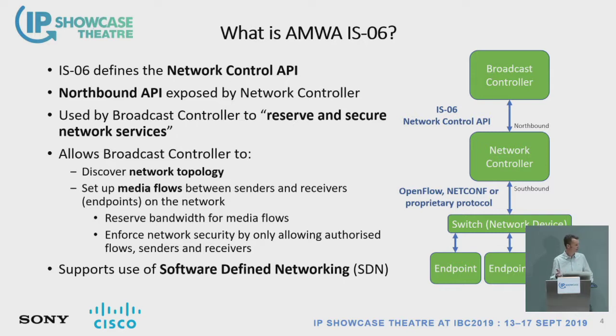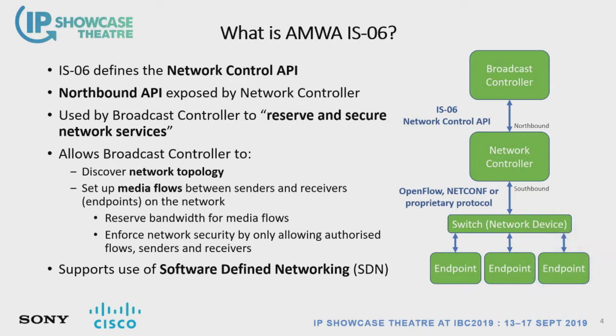It can set up flows between switches. It's bandwidth aware of what's going on. It can authorize flows to be set up on the network. And in order to control the network, a broadcast controller has access to that network controller over the IS-06 API. So that API is northbound from the network controller to the broadcast controller.